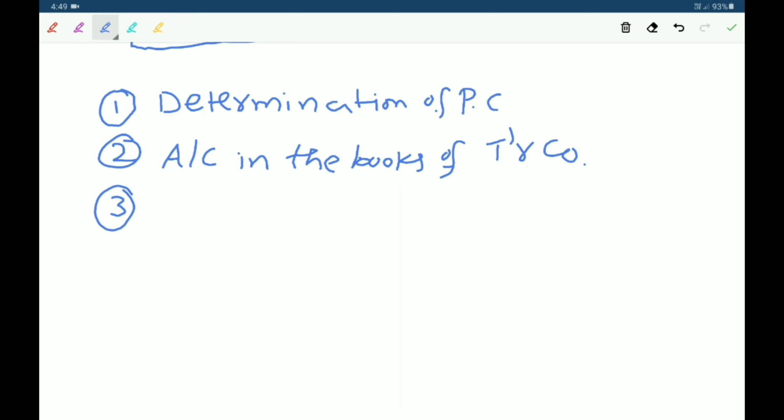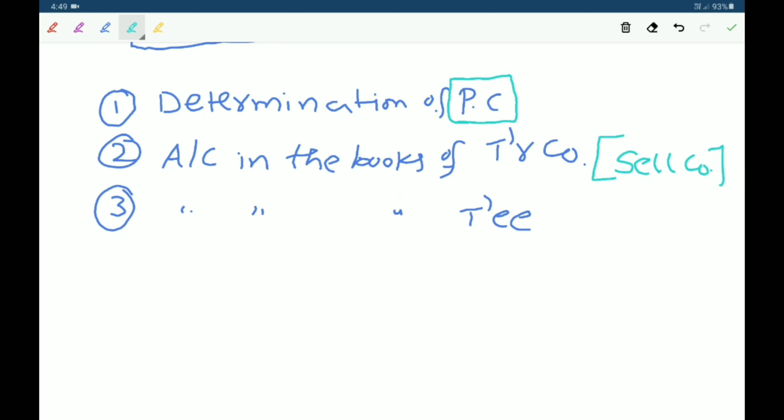Third part, accounting in the books of transferee company. The chapter has 3 parts. One is determination of purchase consideration. Second part is accounting in the books of transferor company, that means selling company.